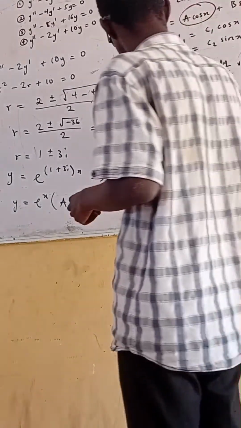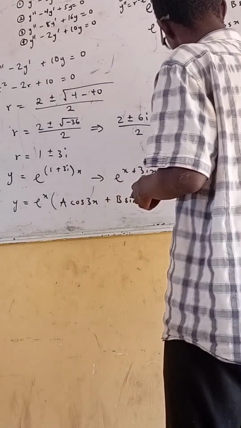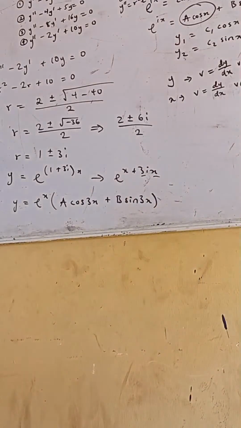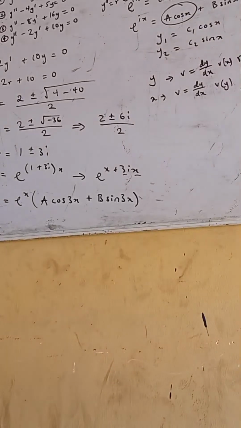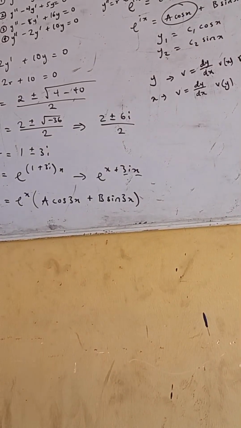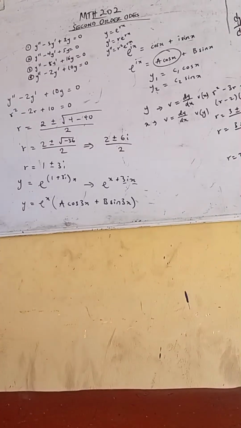If x is missing, you still use v equals dy dx, but this time around, v is a function of y. We have examples. If you have any question, there's one inside that page, or even two.